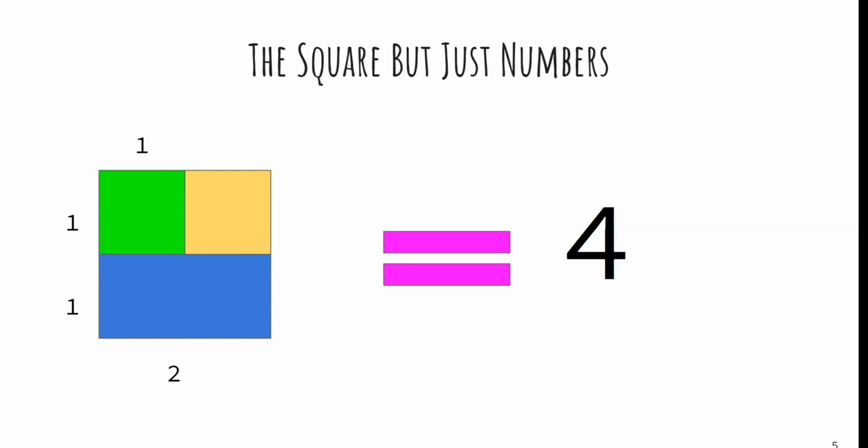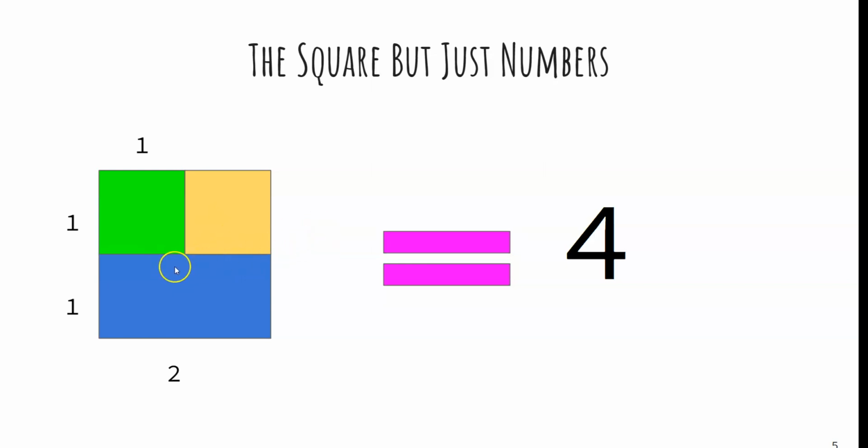But you know, in math, letters can stand in for numbers. These are variables. So if we take the area of the blue piece and the area of the green piece and the area of the yellow piece, and we add them up, you will get the area of the entire square, right?